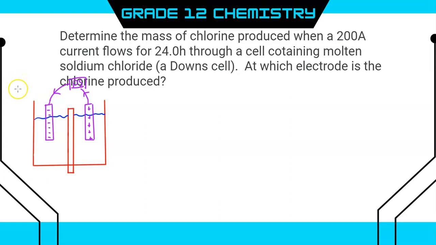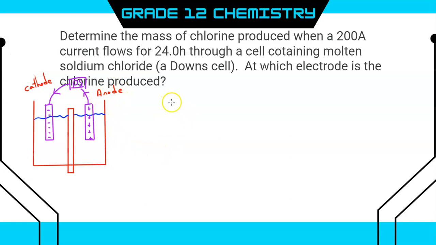Now, when we use a power supply to reverse the direction of the electrons, this is no longer a galvanic cell, this is an electrolytic cell. And that also flips where the cathode and anode are. So now the cathode is actually over here, and the anode is over here.